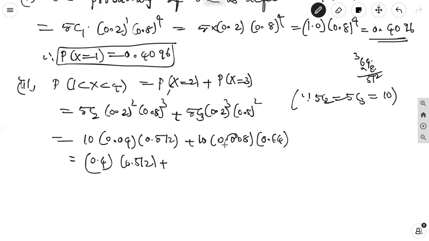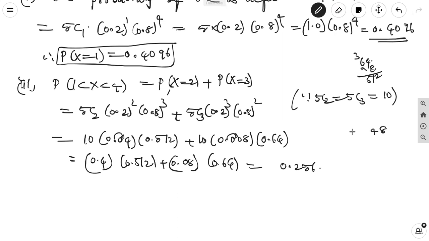This decimal is shifted to the right side. After the simplification, we are getting 0.256.